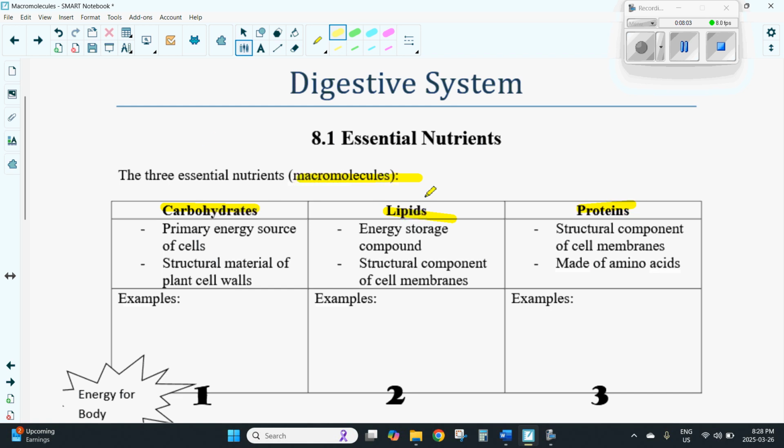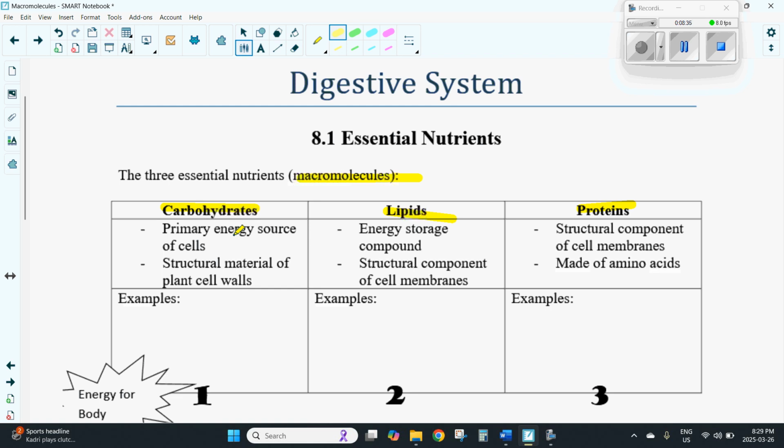You may have talked about these three groupings in other science courses, but carbohydrates are the primary energy source of a cell. I'll be doing a lot of side talking and trying to connect it back to cellular respiration, so if you want to jot anything down to the side right now, it would probably be beneficial. When we talk about carbohydrates, one of the primary sources of energy for our cells, for cellular respiration, is a carb.